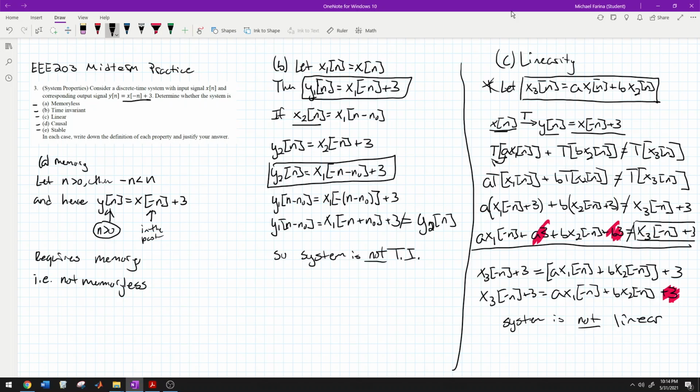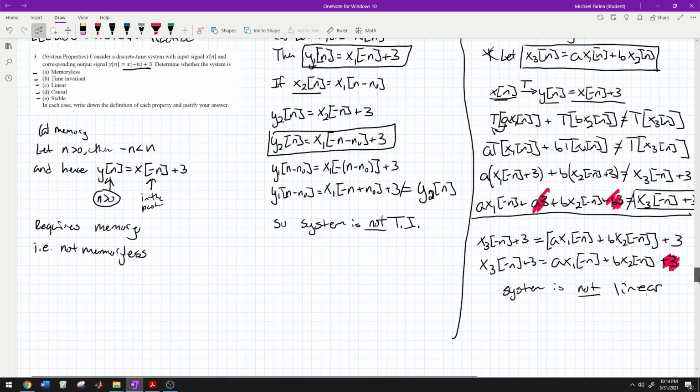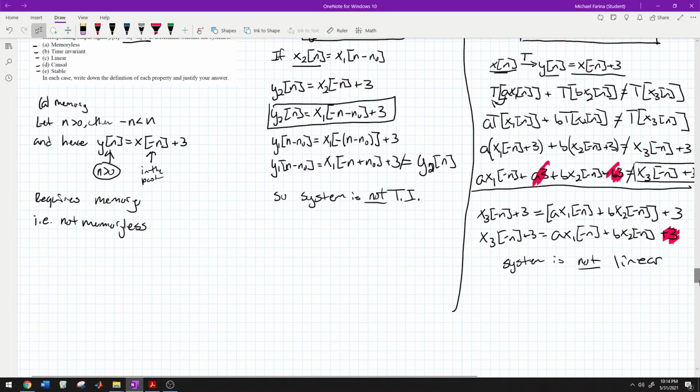All right, so let's see if we can get some room over here for D, which is causality. And we're going to do this kind of like we did the memory one. Let n be less than 0.